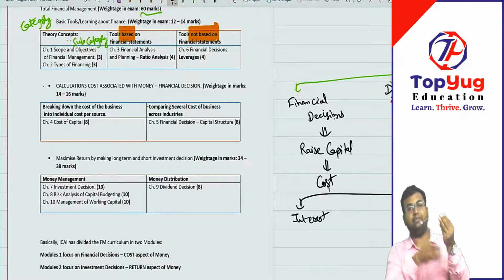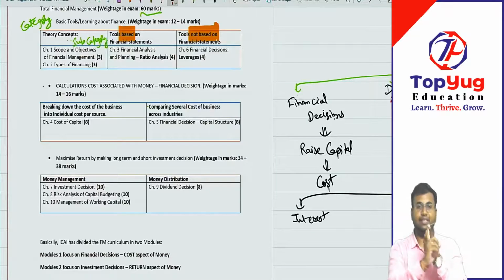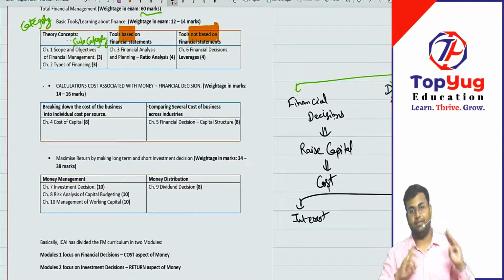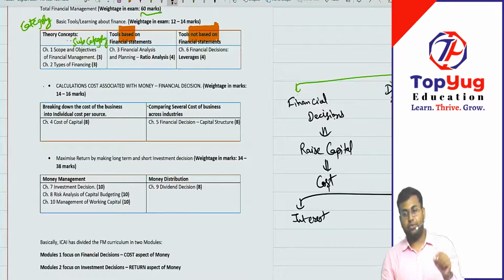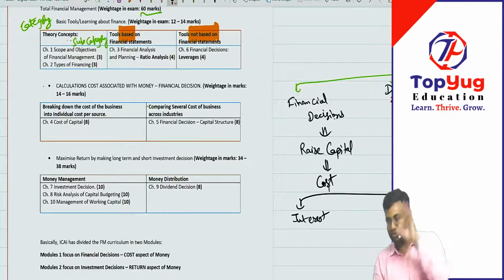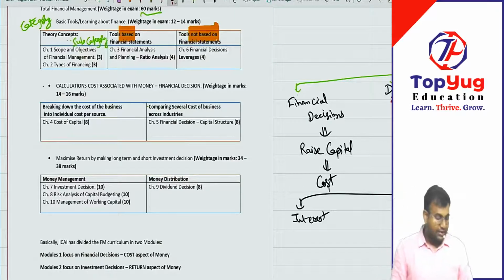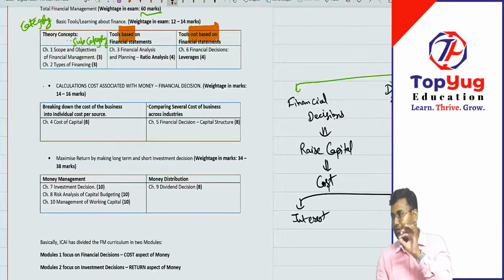Debt would have bank finance, debentures, everything. So it is equity, preference and debt. Are we all good? Done. Next one, sir. The third category, maximizing the returns by making long-term and short-term investment decisions. Right? This has the highest weight. You have the highest weight for this topic.